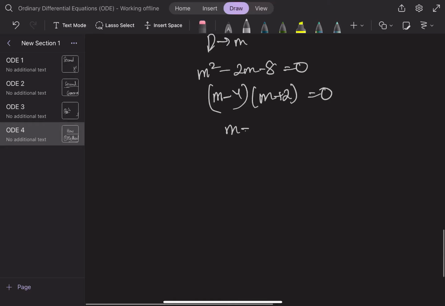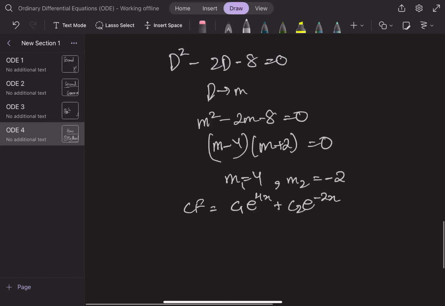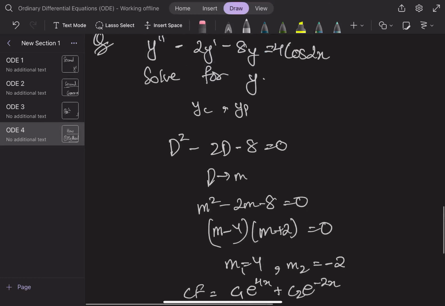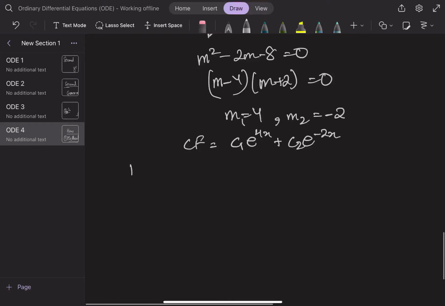So m1 is equal to 4 and m2 is equal to minus 2. So your CF is c1 e raised to 4x plus c2 e raised to minus 2x. So this is us finding the CF. Now let's find the PI.